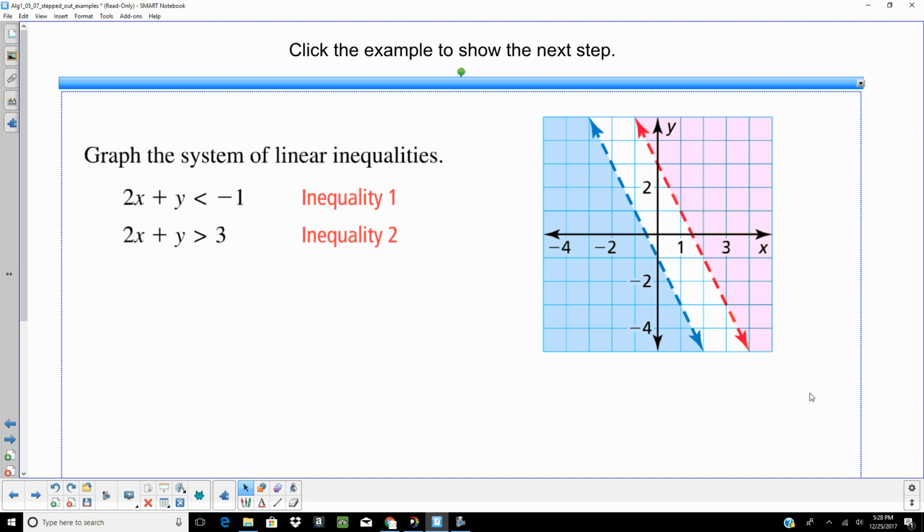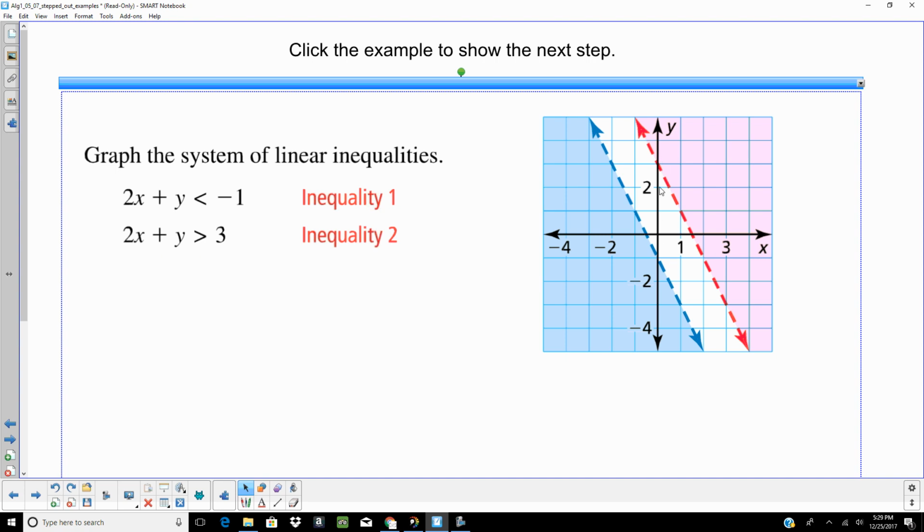On this one, we already have things graphed for you. If you notice, on this first one, if I subtract 2x, my y-intercept is negative 1. My slope is negative 2. It's less than, so I'm shading lower. Equation 2 is in red. I subtract 2x from both sides. My y-intercept is 3.